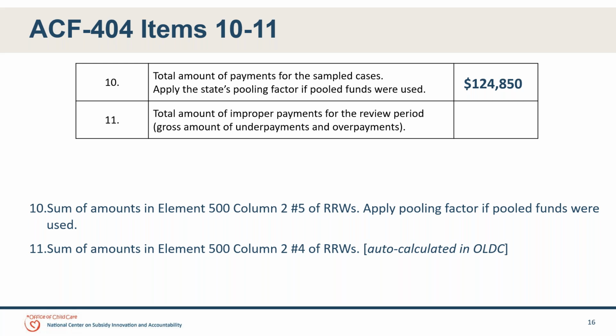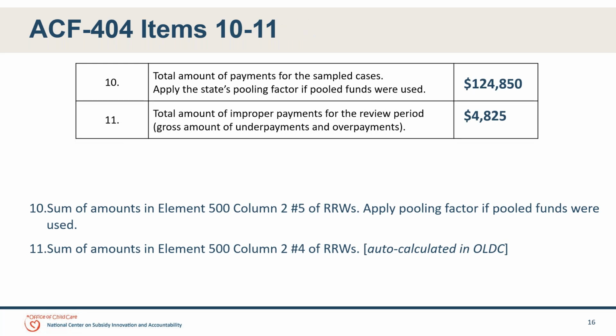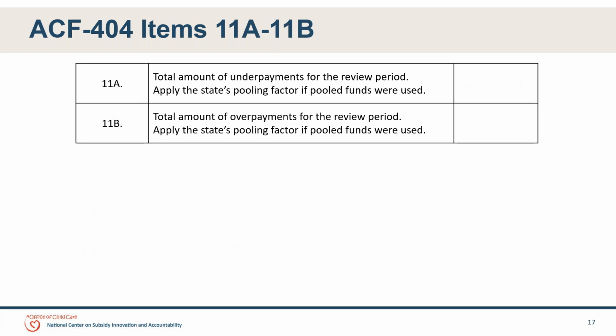So I'm going to jump forward to that. Items 11A and 11B are asking for the amount of underpayments and overpayments for the review period. And then these two are added together to get the amount for item 11 back in the last slide. Sorry if that was a little bit unclear.